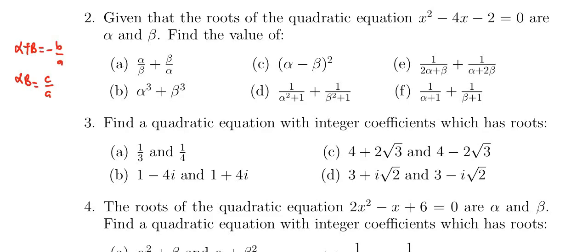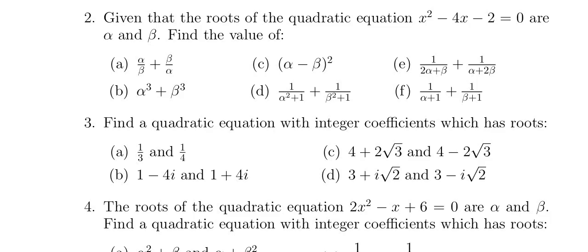To get back any quadratic that you want, you will always just have x squared minus alpha plus beta, x, then plus alpha times beta is equal to 0. So these are the formulas, plus many more. There's a separate video that explains the alpha and beta examples or illustrations.